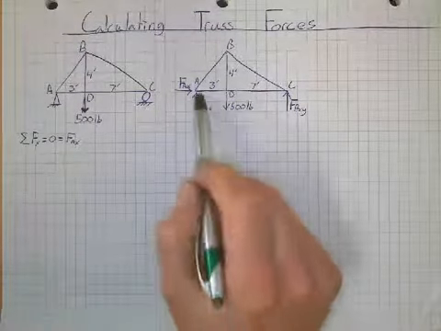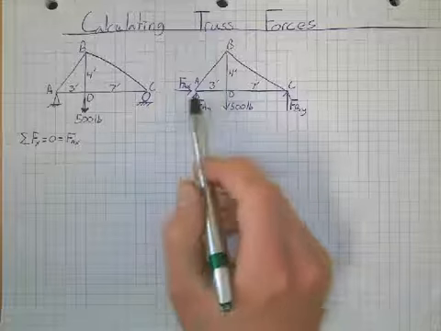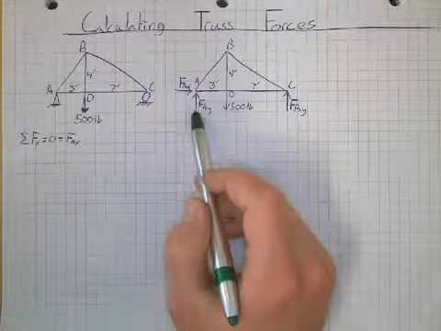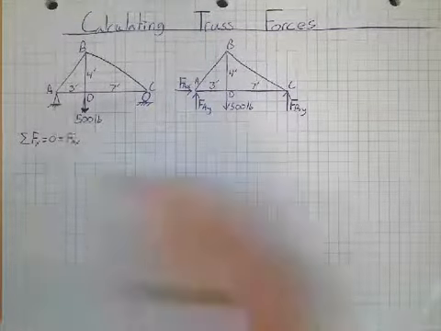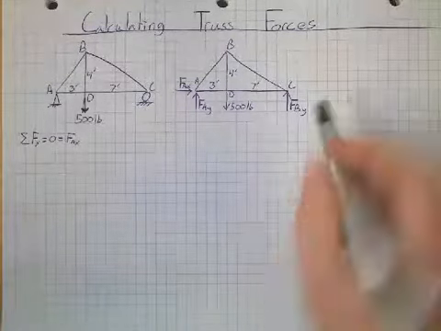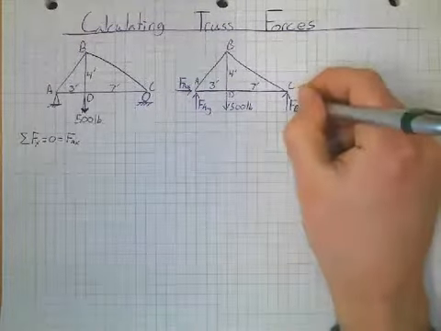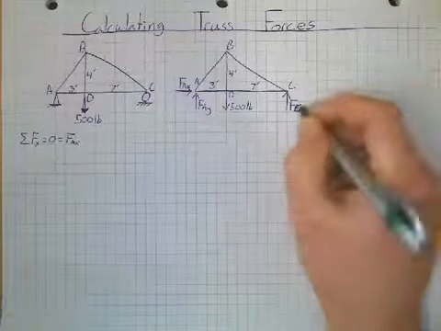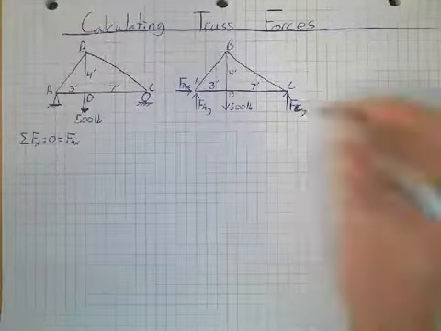My truss still exists, and I have FAX and FAY replacing my pinned connection at A, and FCY replacing my roller connection at point C. So FCY is at C.